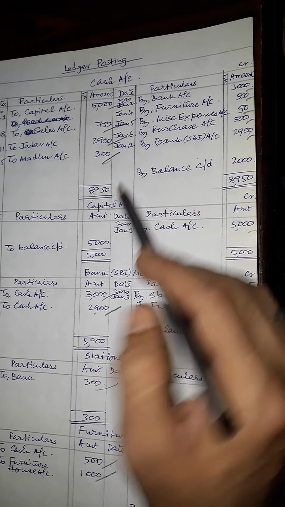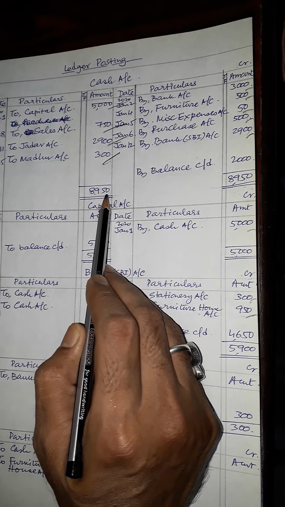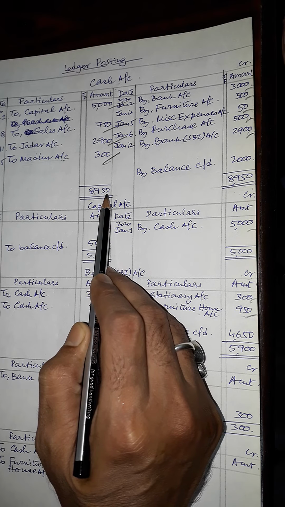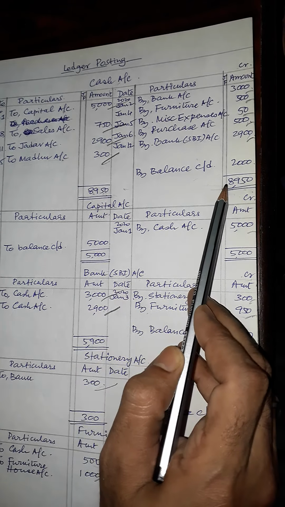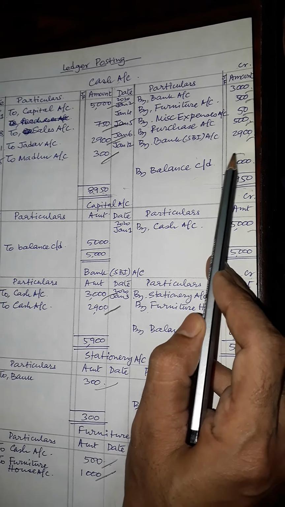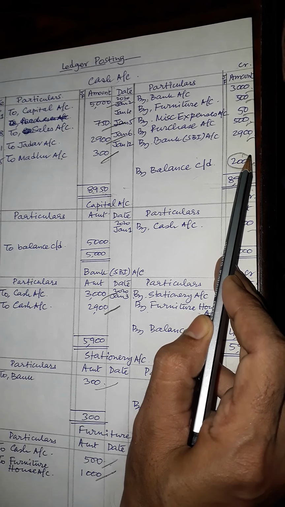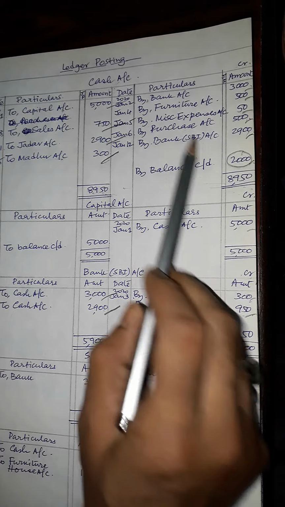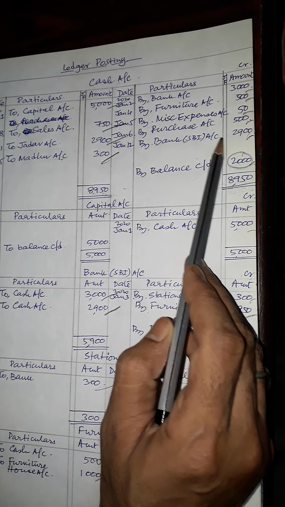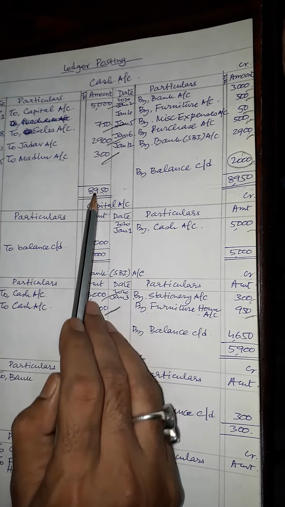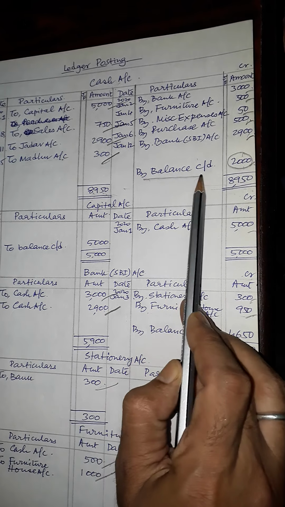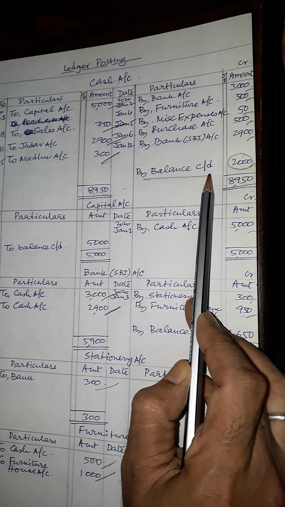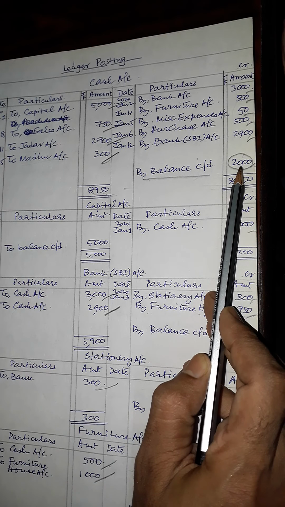So in cash account we see that the total of the debit side is 8,950 and we write this amount in both the sides, and the balancing figure is rupees 2000 because the total of the credit side is less and the total of the debit side is greater by rupees 2000. So the balance appears in the credit side. This is the closing balance of cash account.